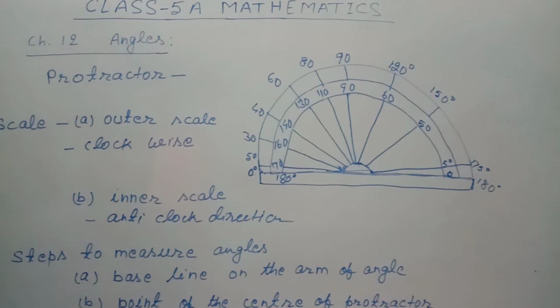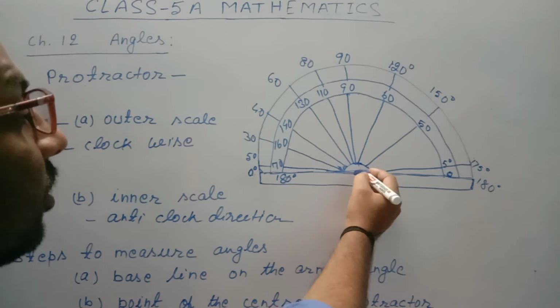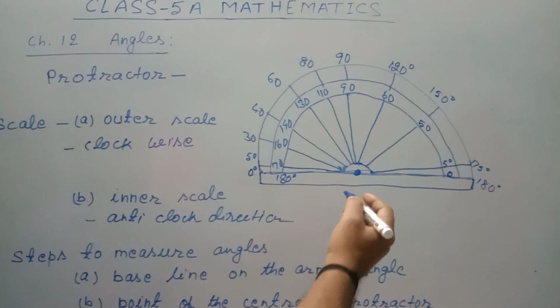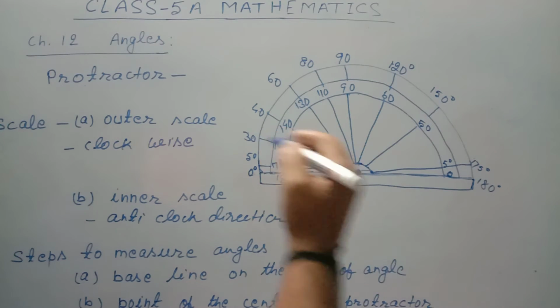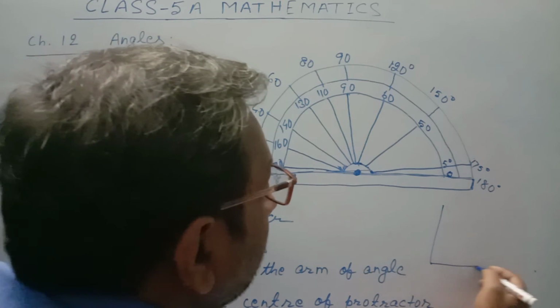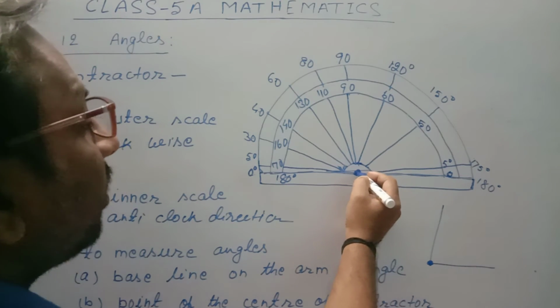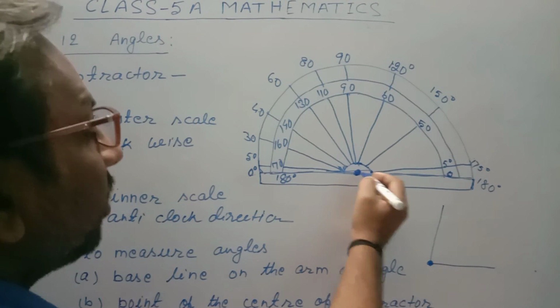Then point B: the center point of the protractor should lie on the vertex of the angle. This is the vertex. At this point the central point of the protractor should lie.